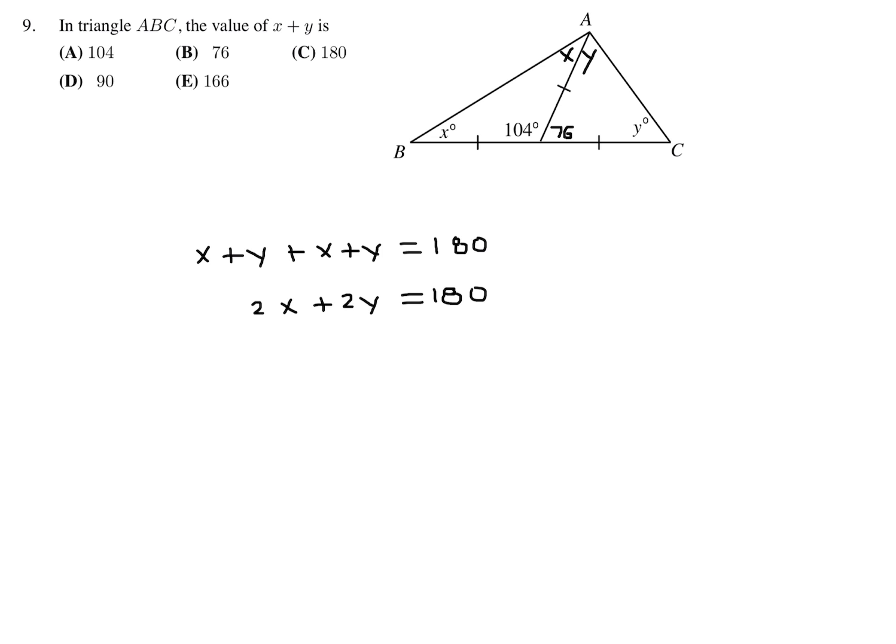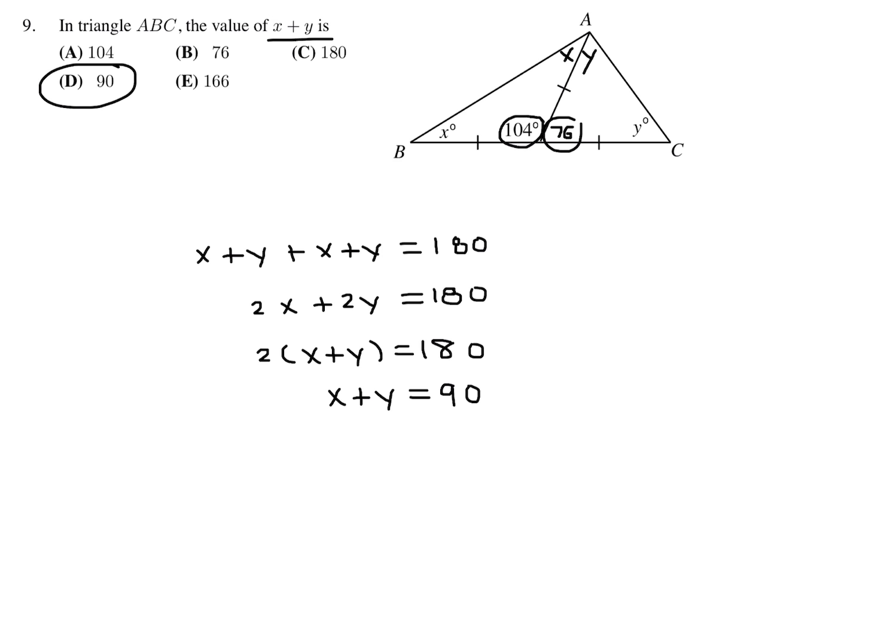And if I factor out the 2, I just get x plus y is 90. And that's what they're asking. Okay, great. What's interesting is this 104 and this 96 that I figured out were not even needed to figure out the answer. So number 9 is D.